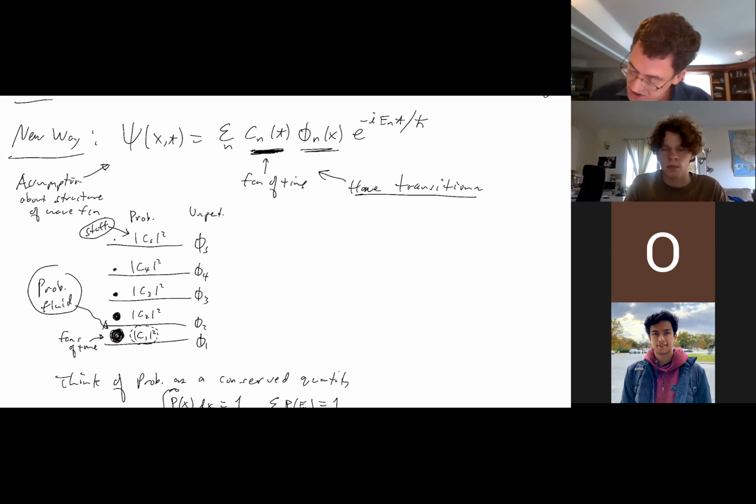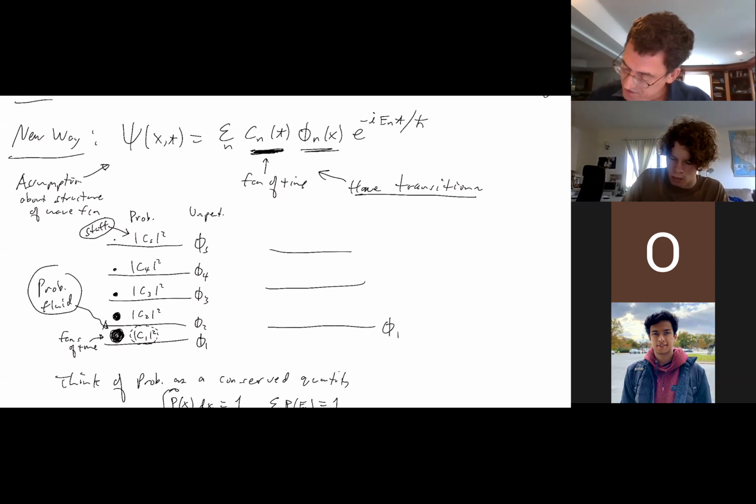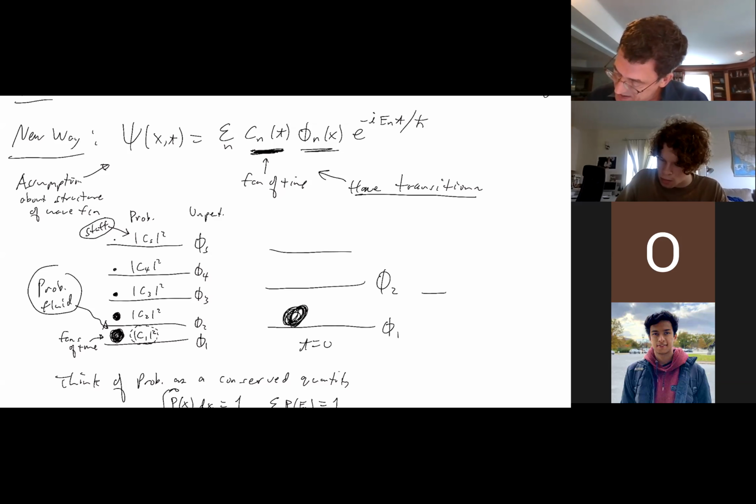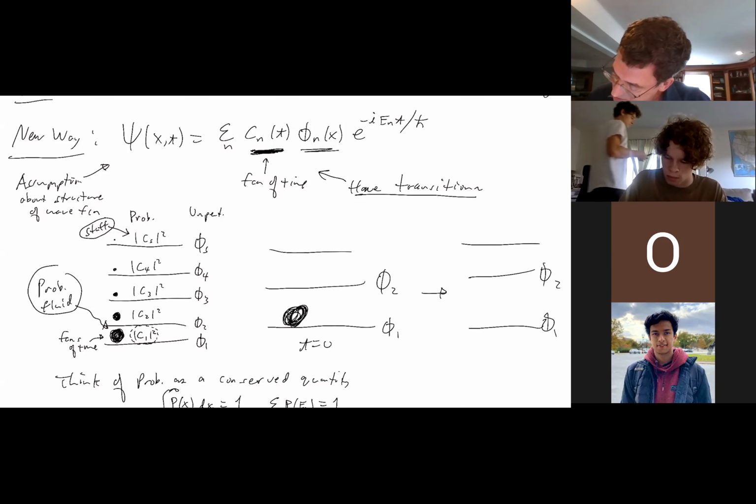And so when we're talking about a transition from, say, state phi 1 to state phi 2, what that means is I have a lot of probability here at t equals 0, but then at some later time, some of that probability has shifted.